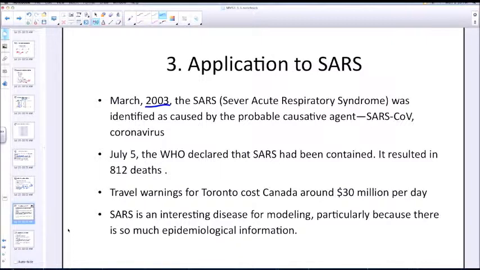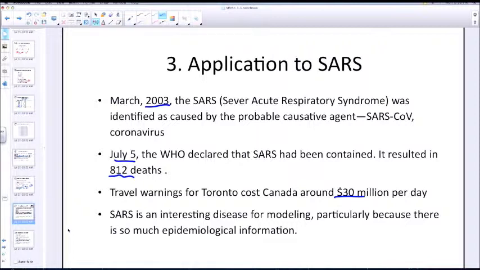A few months later, 4 months later, the WHO, the World Health Organization, identified 812 people died. And the cost is tremendous.